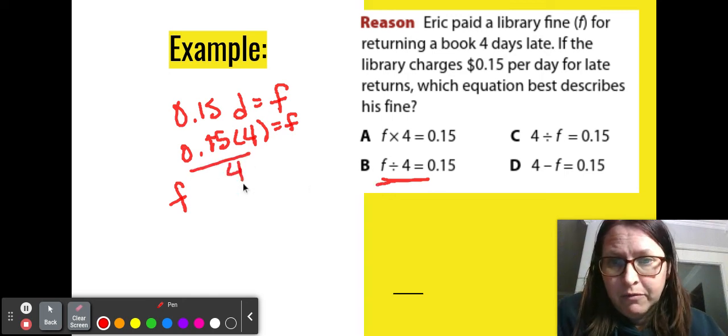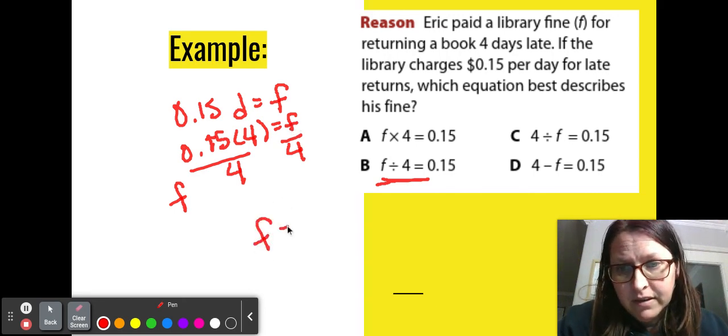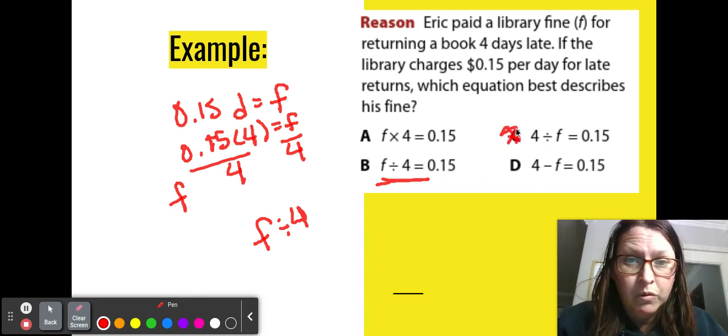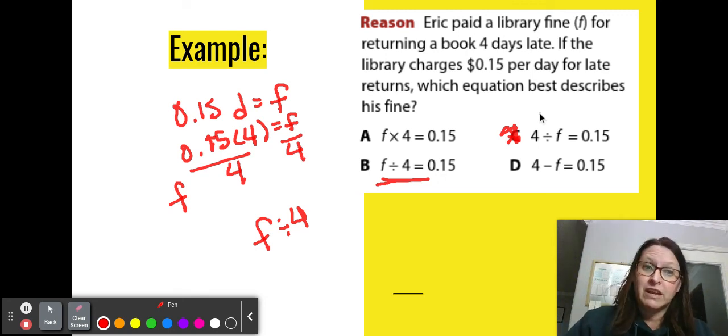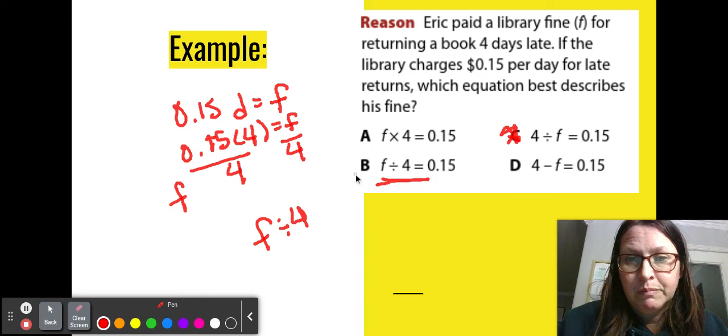So if I divide by 4 here, I divide by 4 here. And if I write F divided by 4, I'm not going to do 4 divided by F like C has. No. I'm going to do F divided by 4. There we go. So the answer would be B with this one.